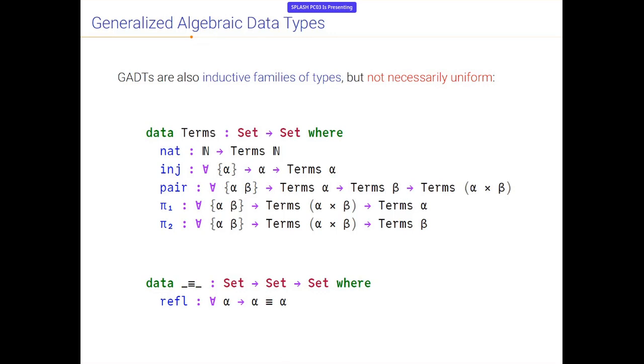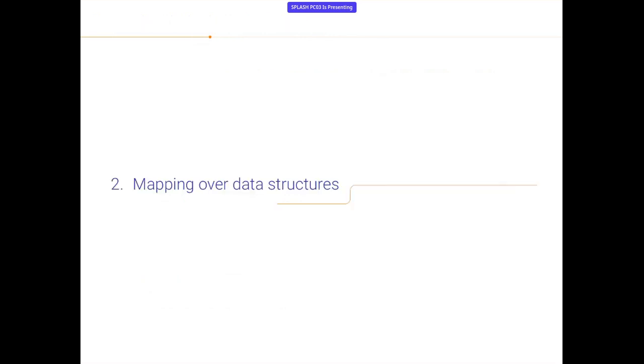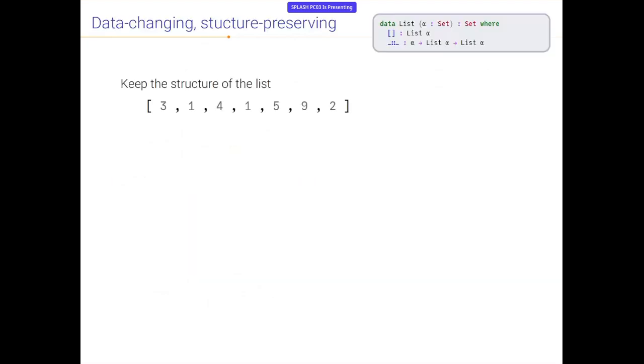Okay, so now that we have established what are the different types that we are looking at, we are going to go to what is the usual idea of mapping, and then we will explain how we can do that on those types of GADTs. So first, what is it to map usually over a data structure in a general sense.